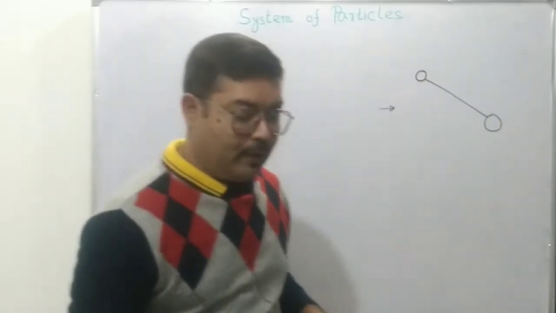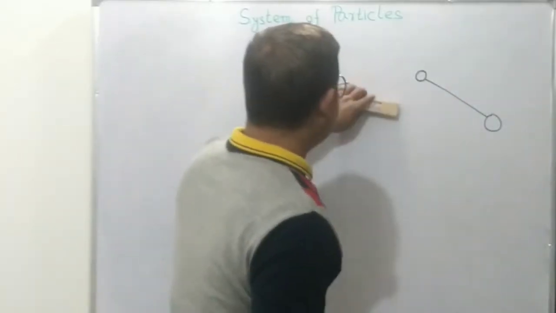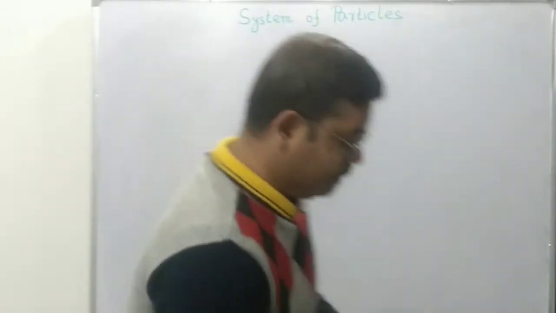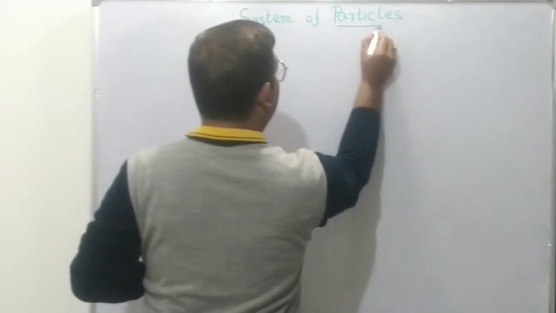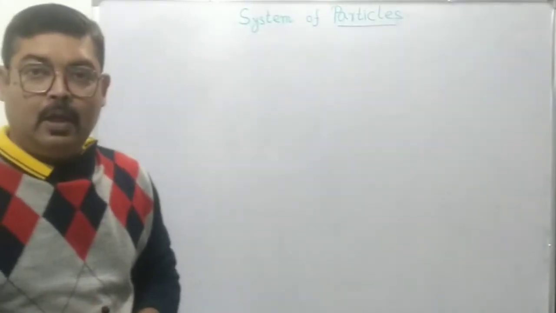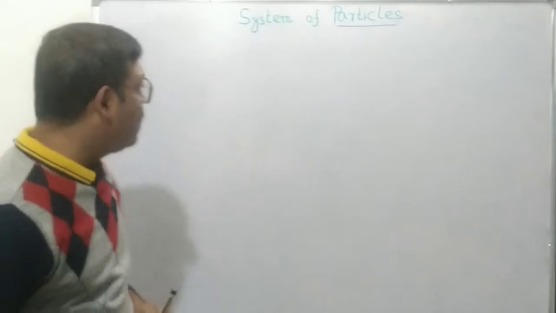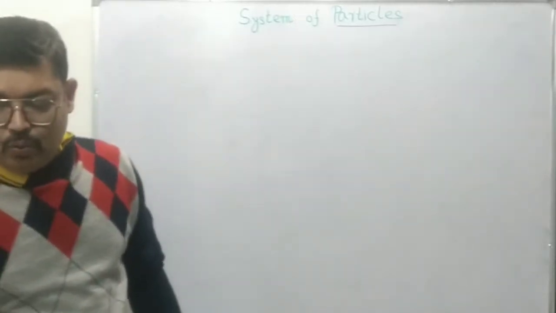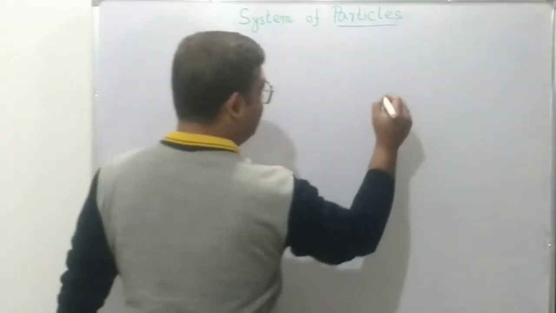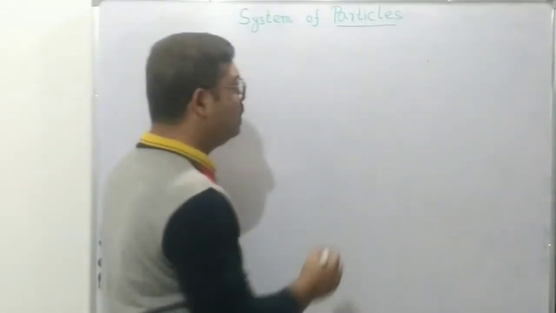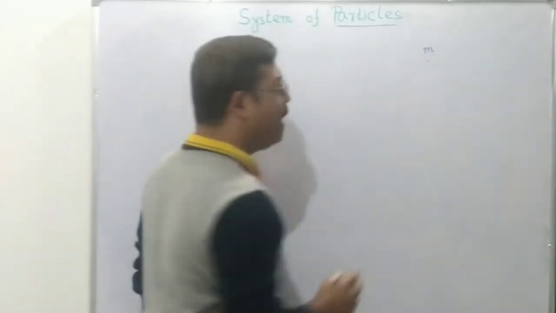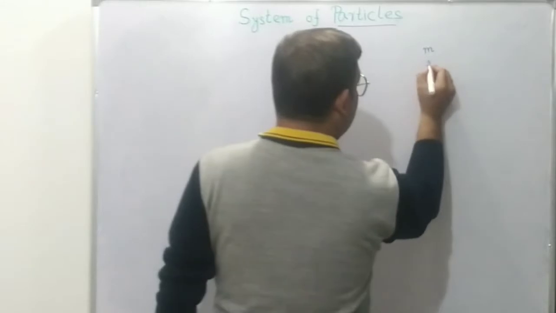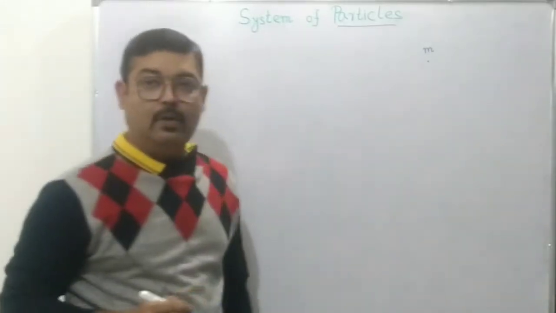Now first of all, when we say system of particles, before getting into the term system, we need to understand what is a particle. What do we mean by particle? Now in physics, the term particle refers to a mass, say m, a finite amount of mass. However, the dimension of the mass is said to be negligible.